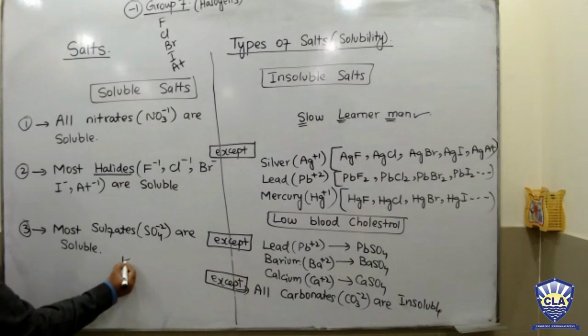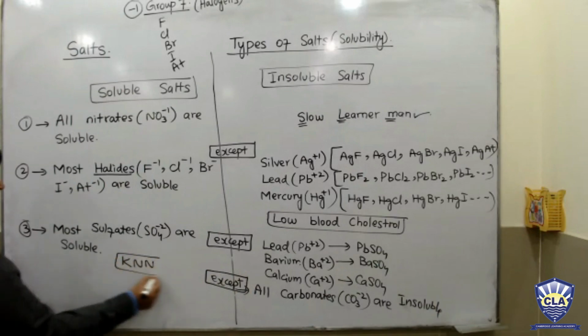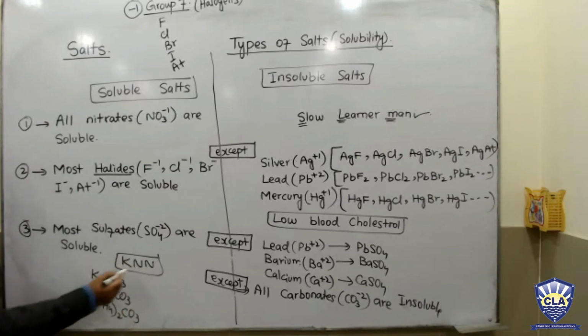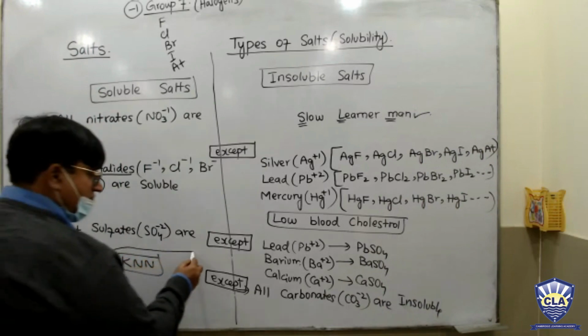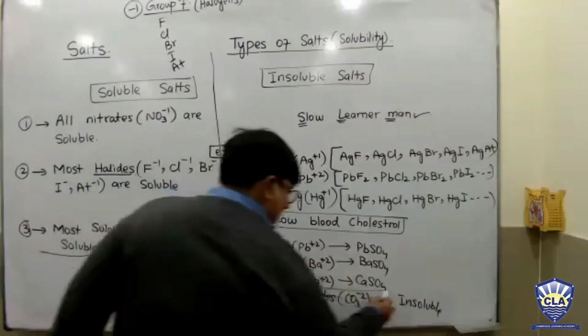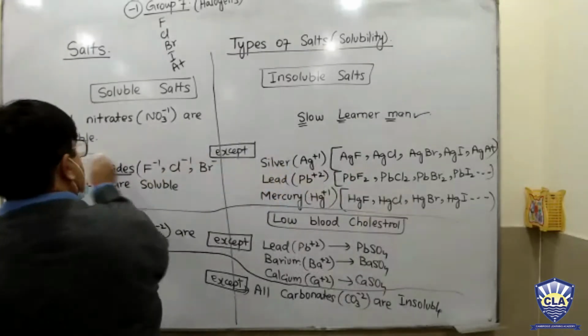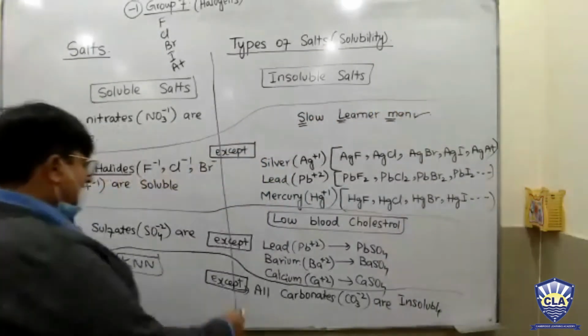And what is the exception here? For remembering this exception, you should learn this: K and N, KNN. K for potassium carbonate, N for sodium carbonate, and N for ammonium carbonate, (NH4)2CO3.